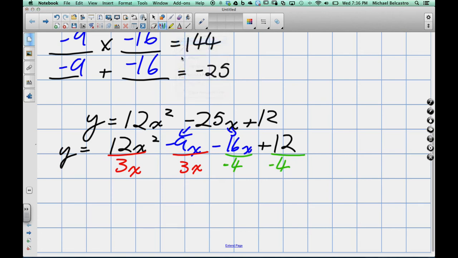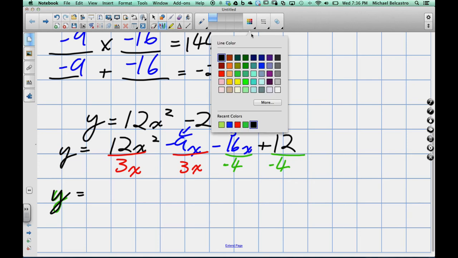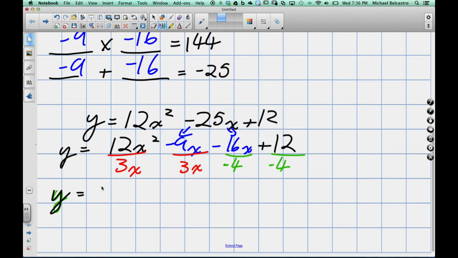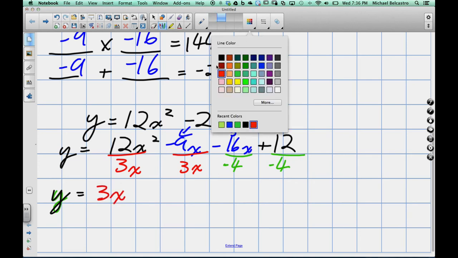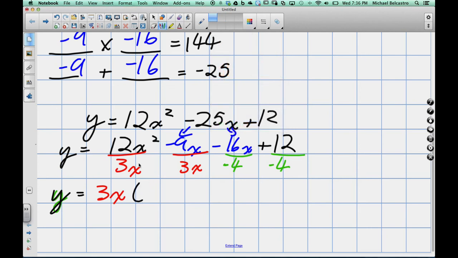So I'm common factoring. I'm dividing both those terms by our common factors, so we pull the common factor to the outside. 3x is what we common factored the first pair with. That leaves us with 12 divided by 3, which is 4, and x squared divided by x is just x. Negative 9 divided by 3 is negative 3, and x divided by x cancels out.